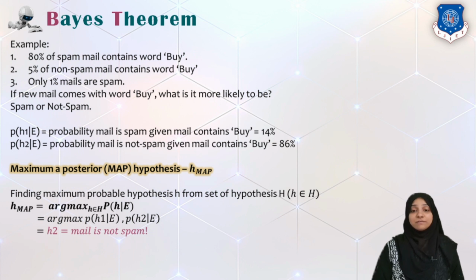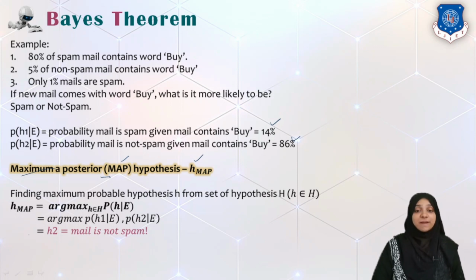So what is our final hypothesis for the mail? That is calculated as the maximum a posteriori, which is nothing but MAP. For the hypothesis it is given as H MAP. So H1 given E is 14% and H2 given E is 86%.